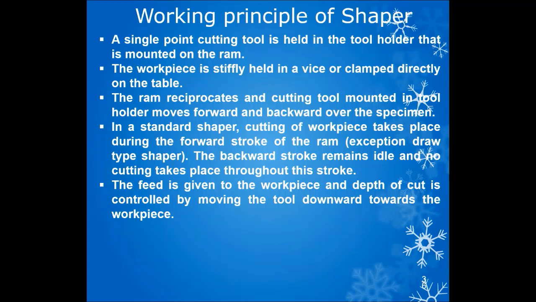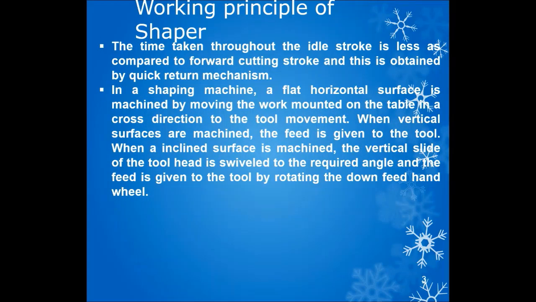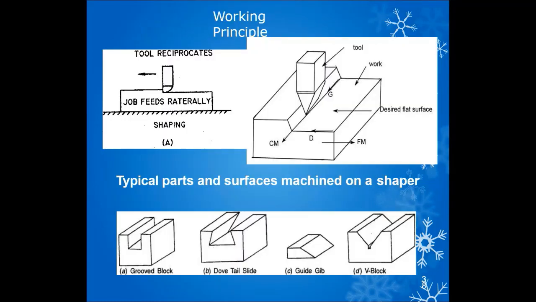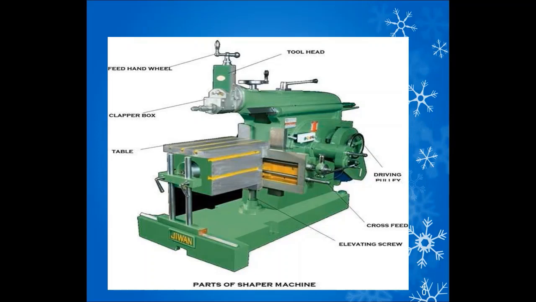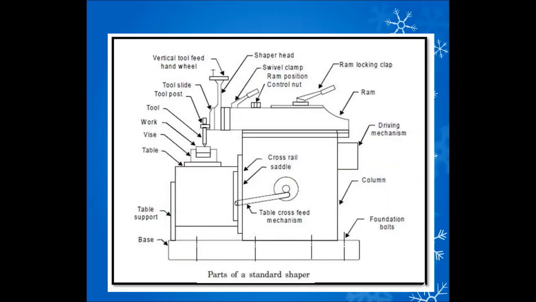Working principle of shaper: the time taken for the idle stroke is less compared to the working stroke. This is the quick return mechanism. Principal parts of shaper are base, column, cross rail, saddle, as we mentioned for the lathe. The diagram is self-explanatory about the various parts of a shaping machine.